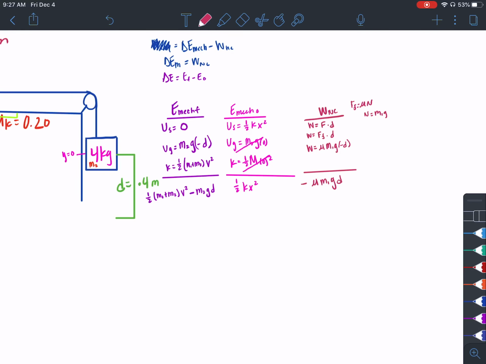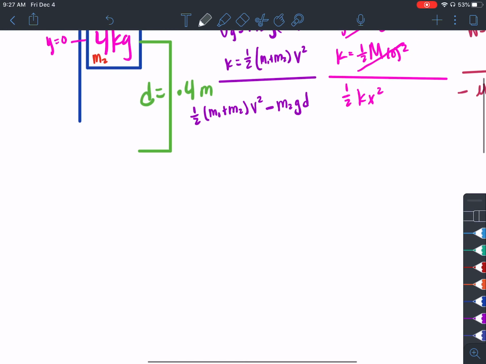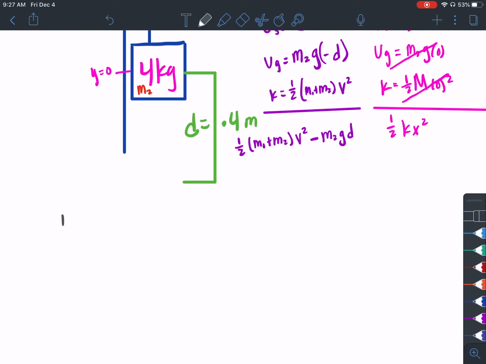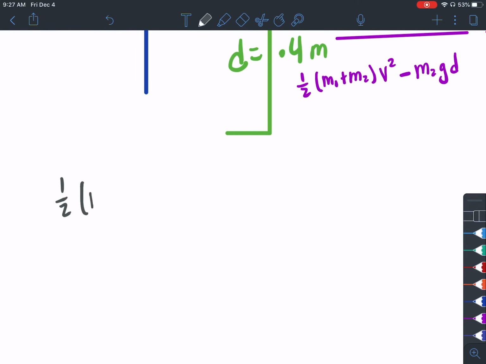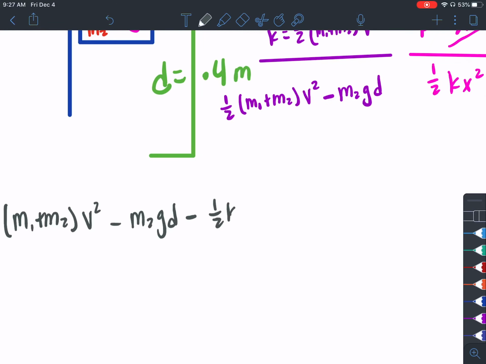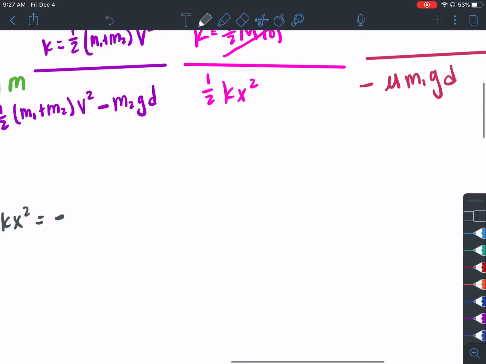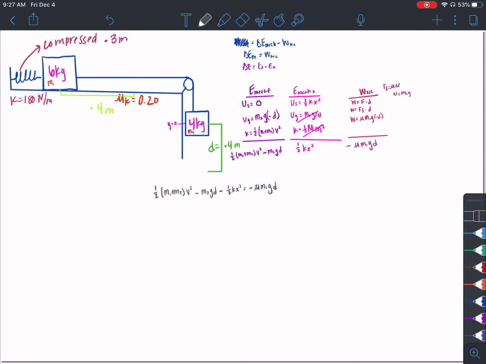So here we have all of these different parts, and based on this statement up here, we can set some things equal to each other now. We are going to say our final mechanical energy, 1/2 (m1 plus m2) v squared minus m2gd, so that's our final, minus our initial 1/2 k x squared, is equal to our work non-conservative, which is negative mu m1 g d.